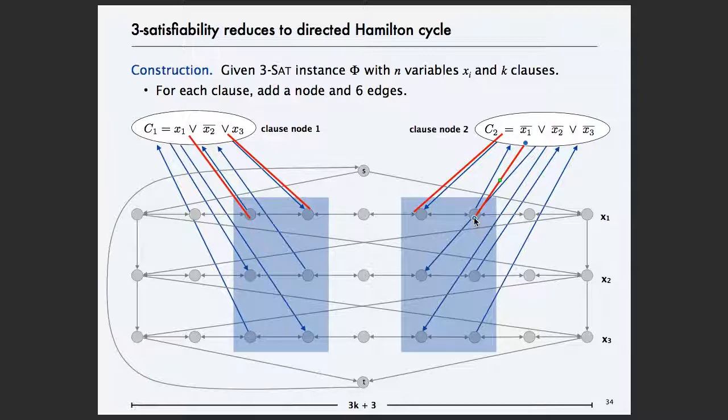So if I'm able to find a Hamiltonian cycle, then I can find what I assigned to x1, and what I assigned to x2 and x3. And maybe I don't care, because I visited C1 one way and C2 the other way.